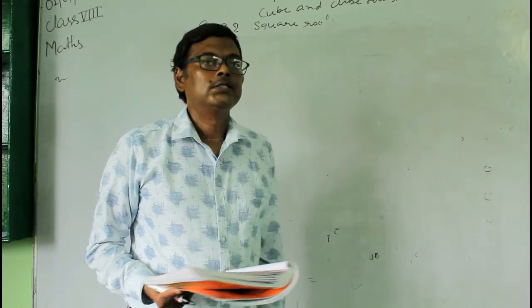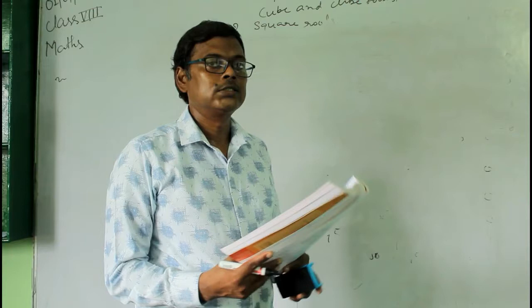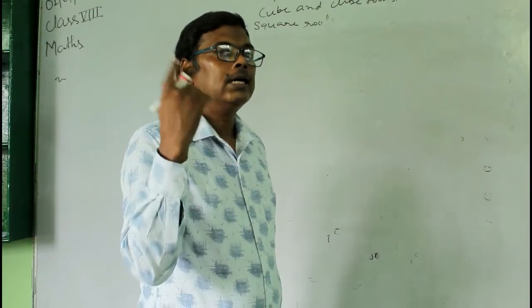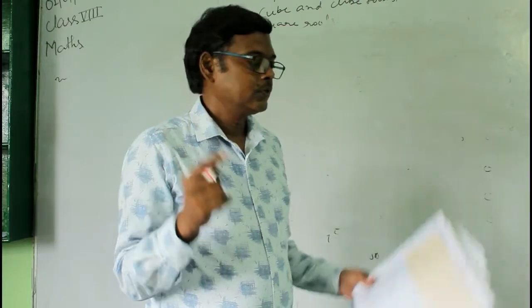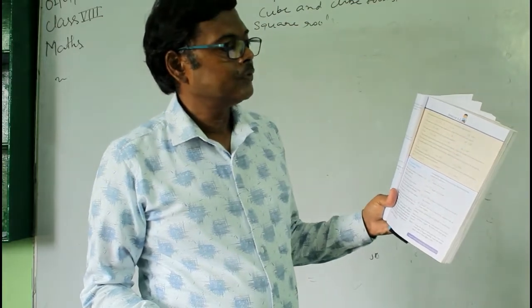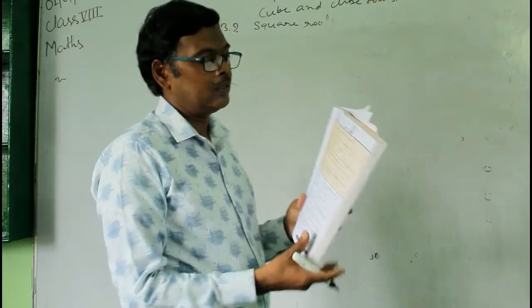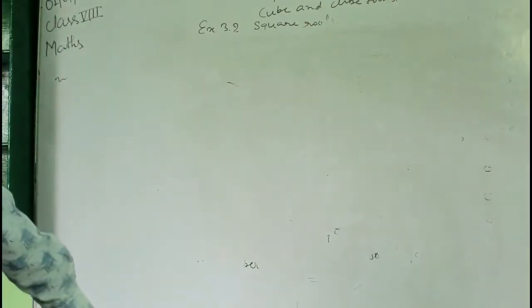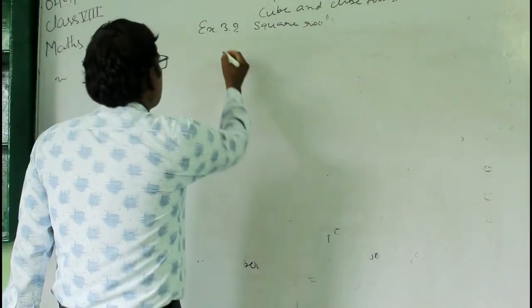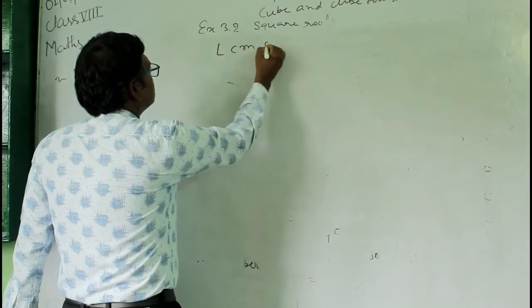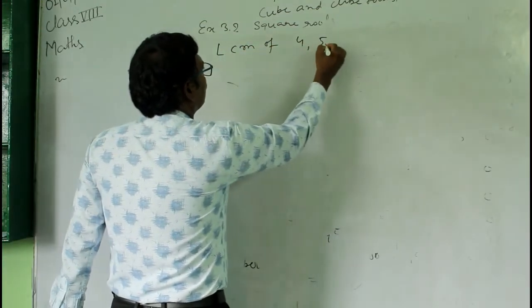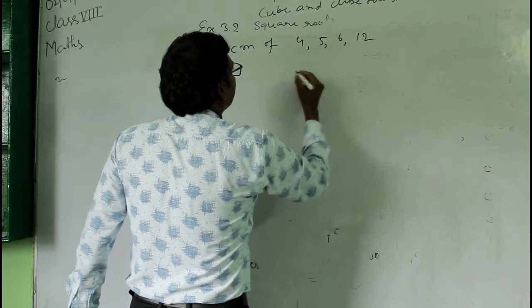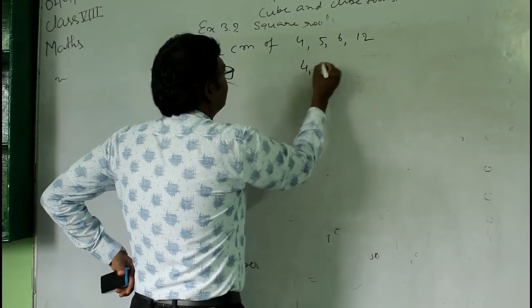Because if you find the LCM of these numbers, then that LCM will be divisible by 4, 5, 6 and 12. So first find out the LCM of 4, 5, 6 and 12.